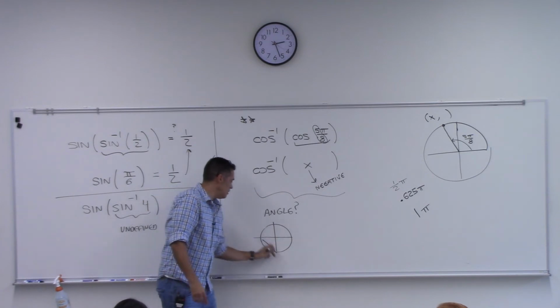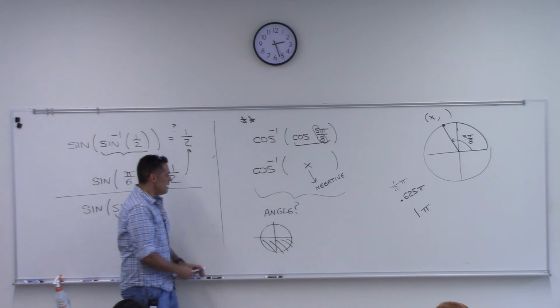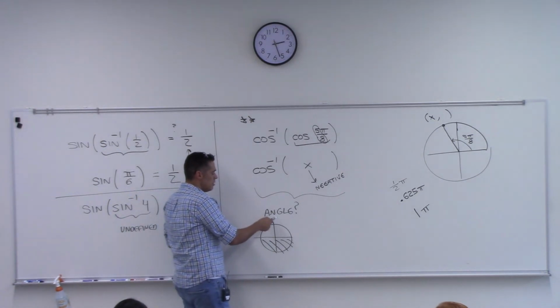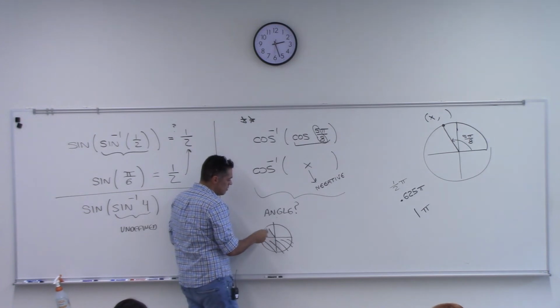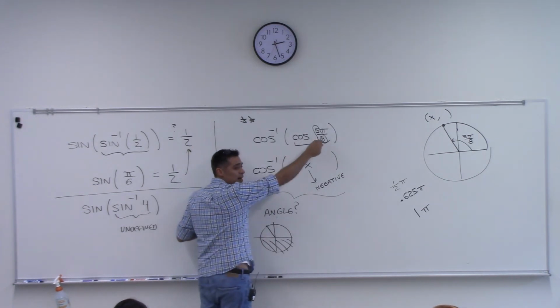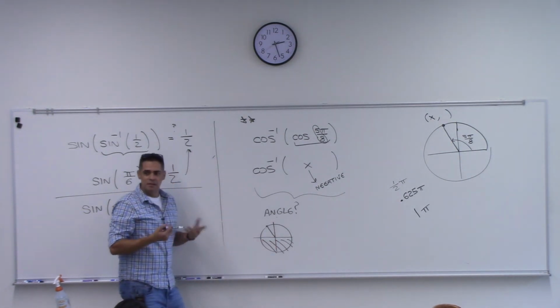First or second, right? You're not allowed down here. So wouldn't the angle that would give you that x-coordinate, which is in the second quadrant, still be the same angle, 5 pi over 8? It is, right? So our answer here would be 5 pi over 8.